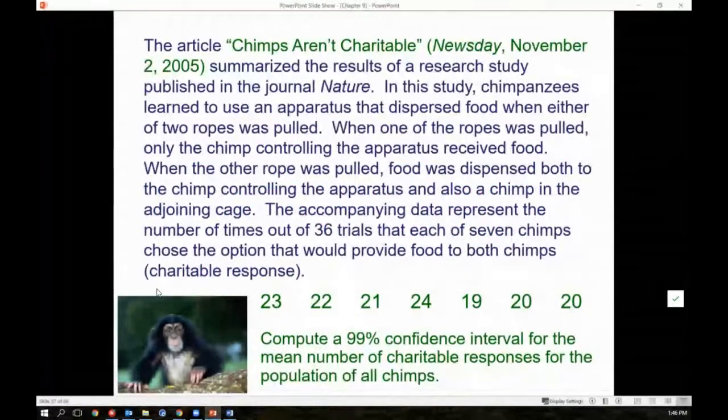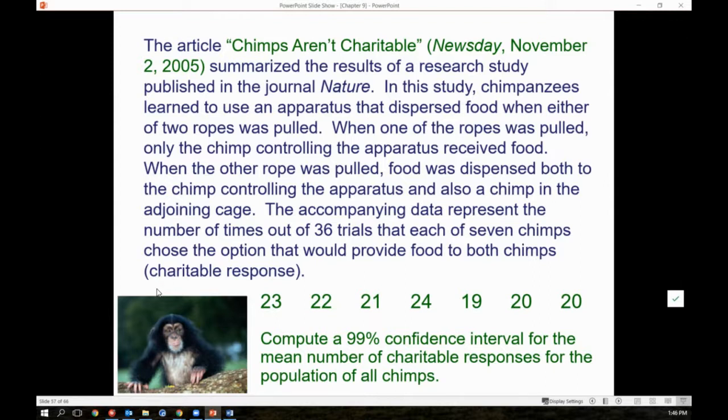So let's look at our next example. The article, Chimps Aren't Charitable, summarized the results of a research study published in the journal Nature. I'll let y'all read the rest of that if you're interested on your own. I think it's kind of interesting, but just to save time, I'll leave that to y'all.